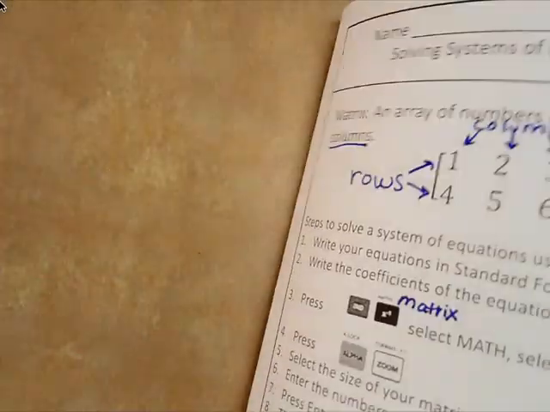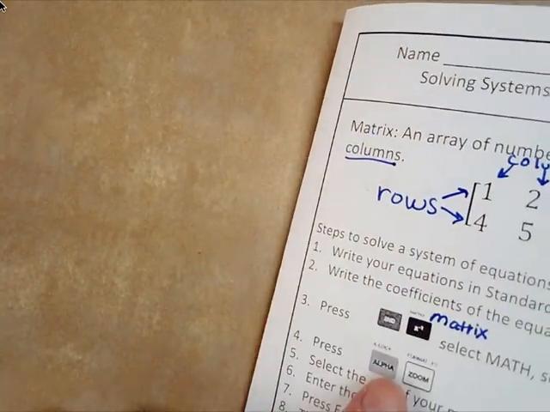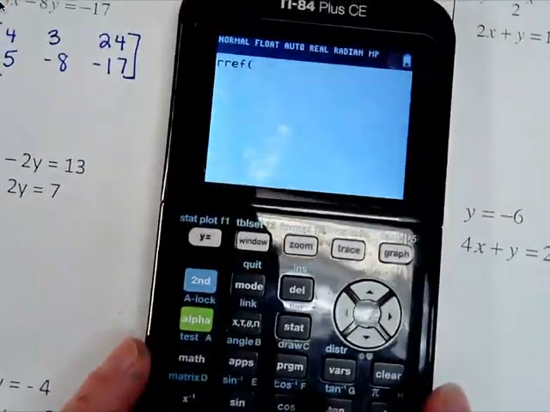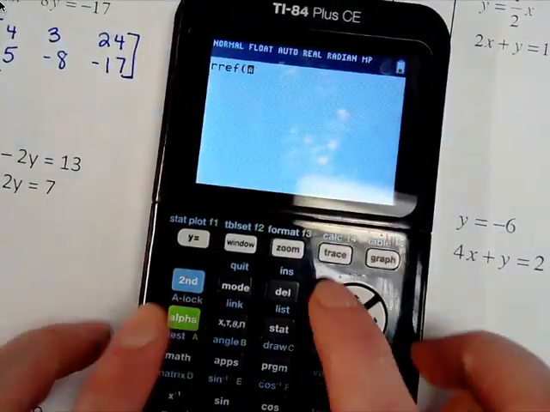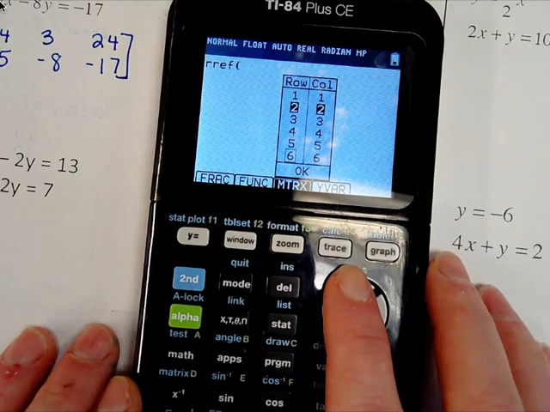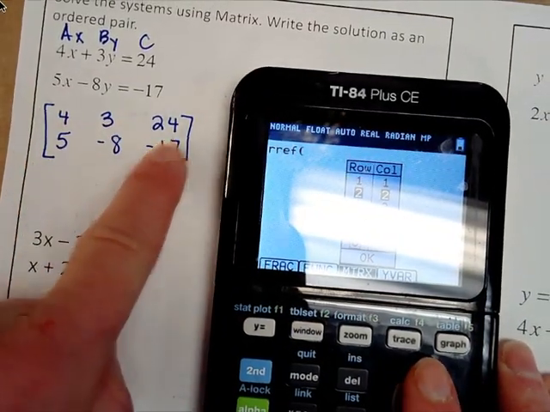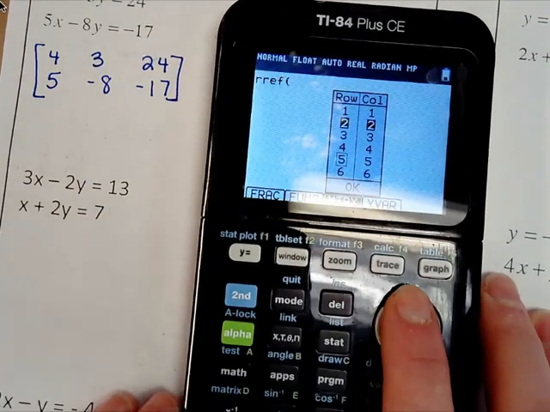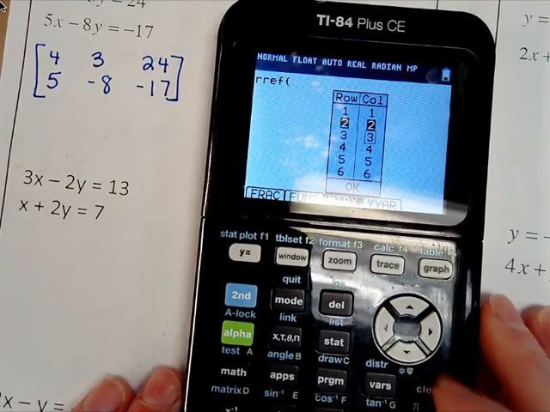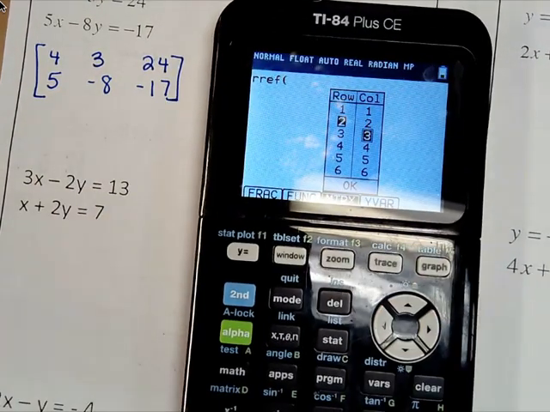And then the next step says alpha zoom. It's a 2 by 3 because I have 2 rows by 3 columns. So go up and over to columns 3. Then go down and hit OK.